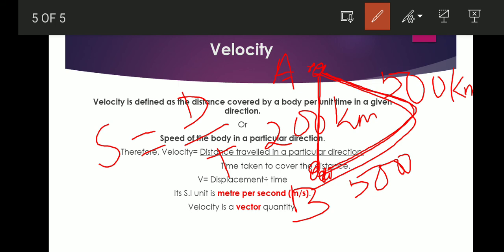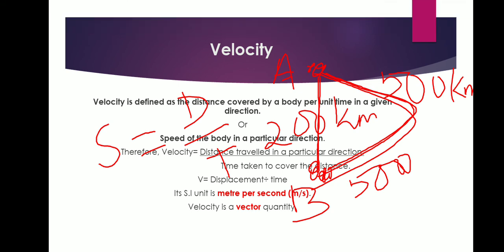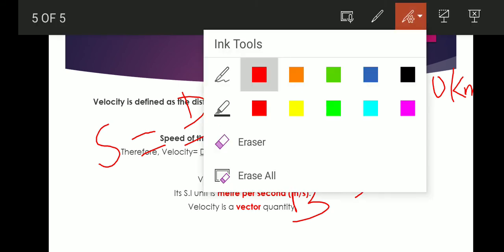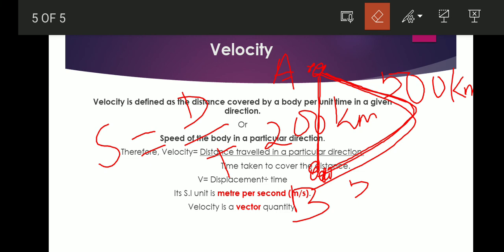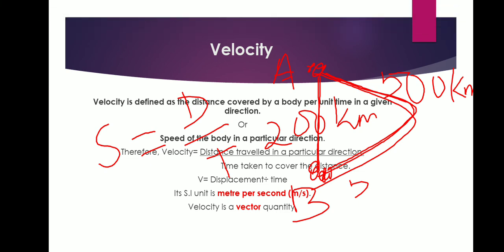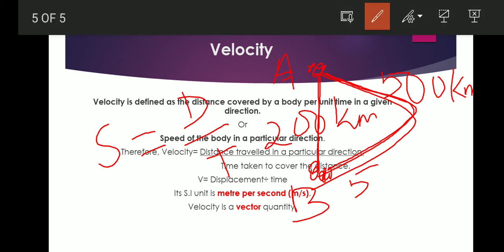Let's say your speed is not like that. You use 50 kilometer per hour speed to reach city B, and actually what is your velocity in this case? Velocity is given by displacement by time.